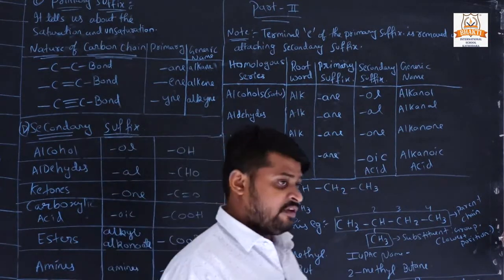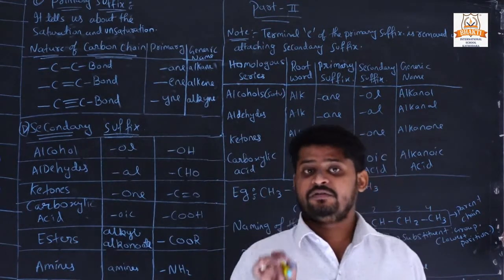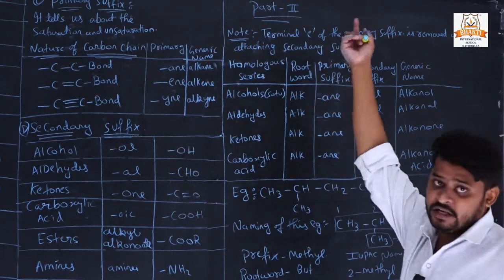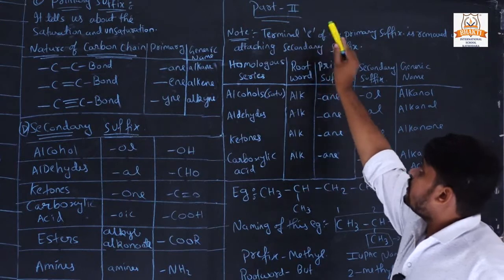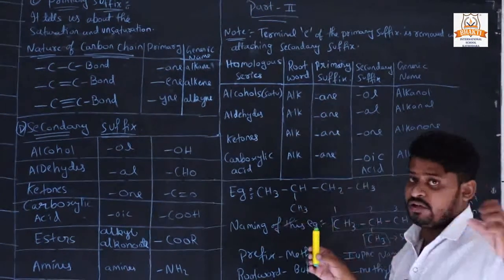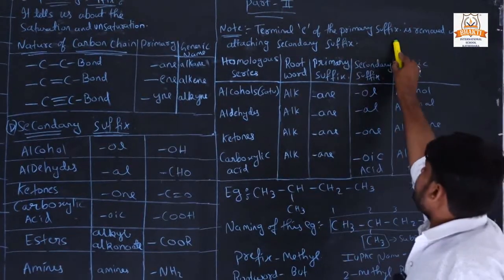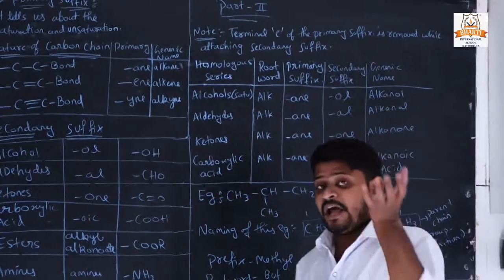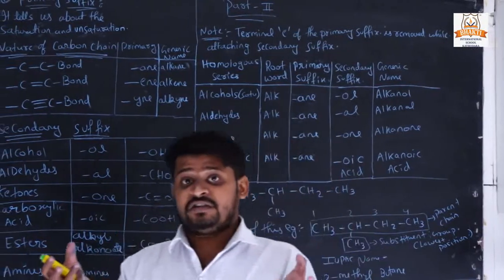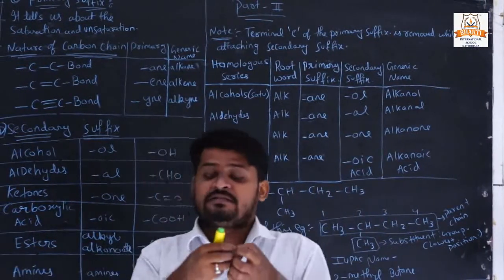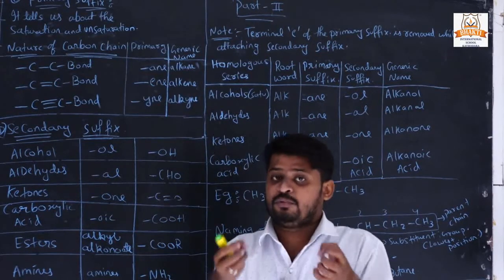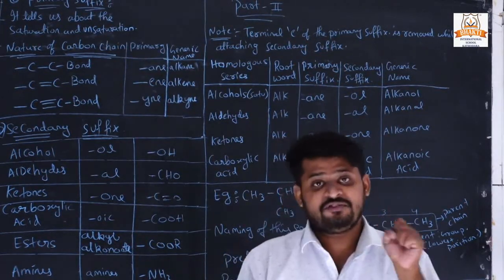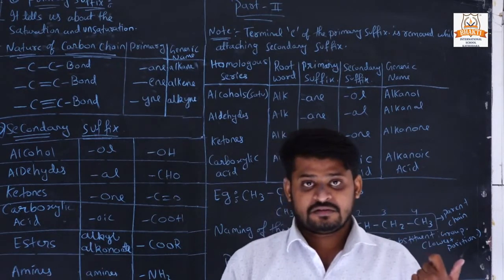First, I will give you one note: when we are giving the name, the terminal E of the primary suffix is removed while attaching the secondary suffix. Means when both primary and secondary suffixes are attached, we have to remove E from the primary suffix.